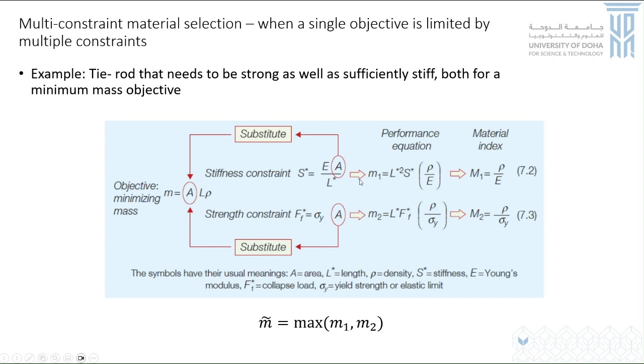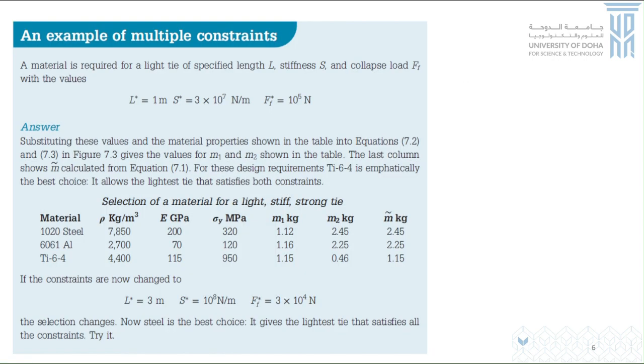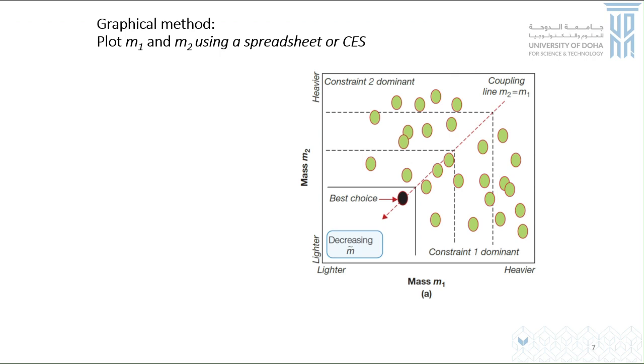Of course, you'll need to use certain constant numbers for these lengths, but the material properties can be left as they are there, and you can plot all the solutions available in that database as your candidate options, based on mass 1 and mass 2.